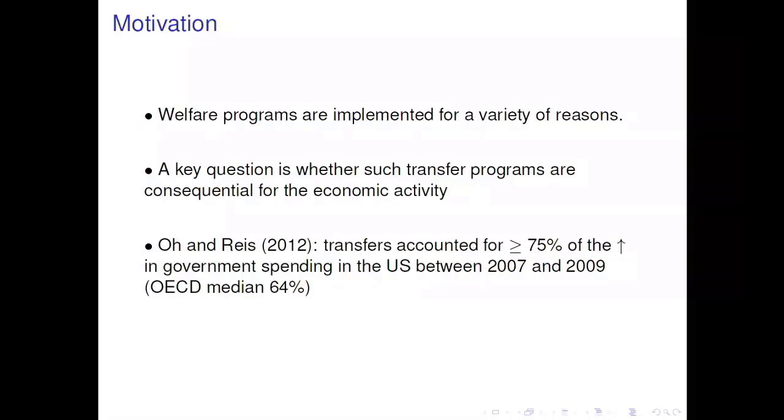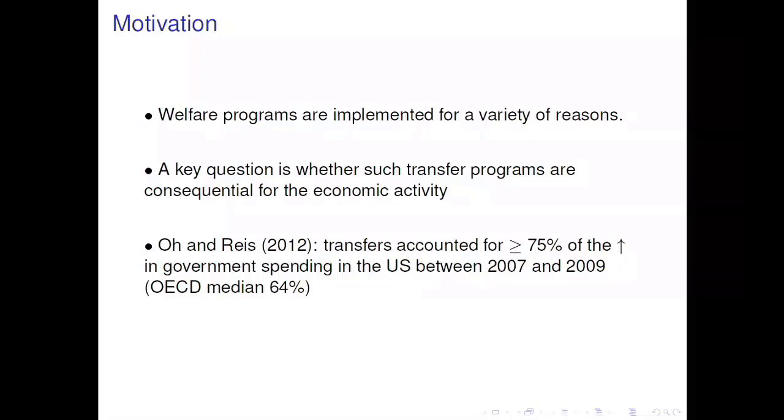It can be some kind of conditional cash transfers, etc. So there are a lot of reasons why welfare programs are implemented in developing economies. And the key question that this paper asks is whether spending in transfer programs can have a consequential effect on economic activity.